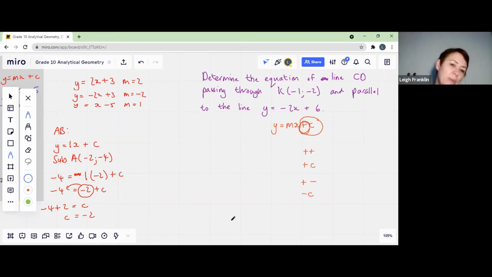That's why it's got to be a plus. Okay, so yes, this is standard form for a straight line. It is always y equals mx plus c. But if your C ends up being negative, then it would be negative C at the end. Does that make sense? I hope so.